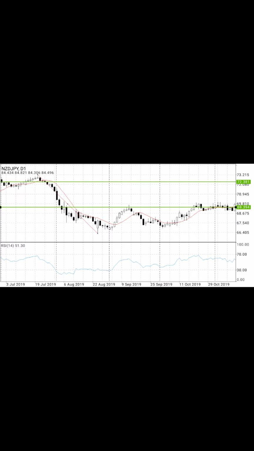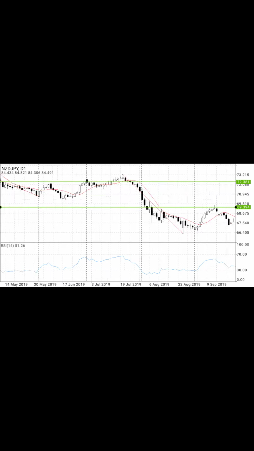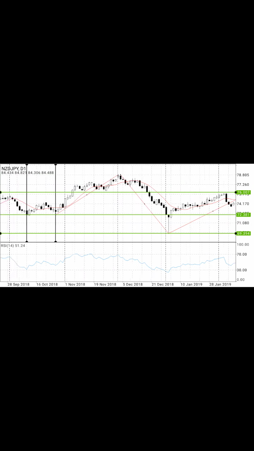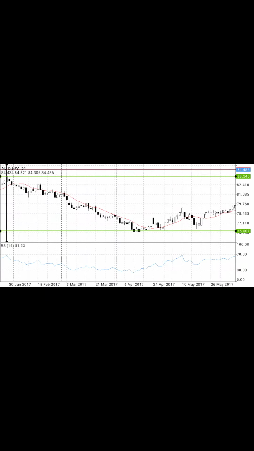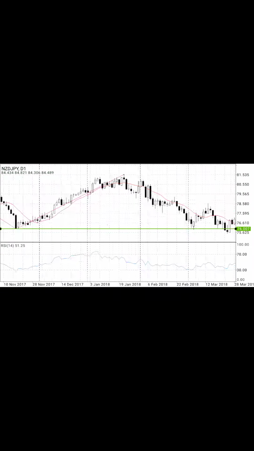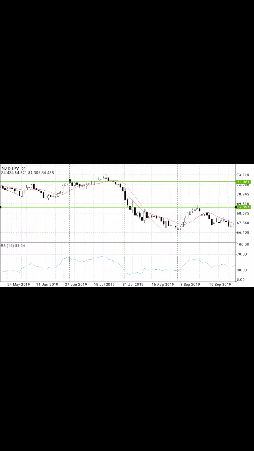So after it's stabilized back, you can see here it broke below, it stabilized back, then it broke below.